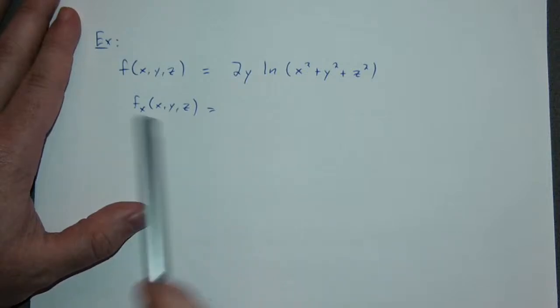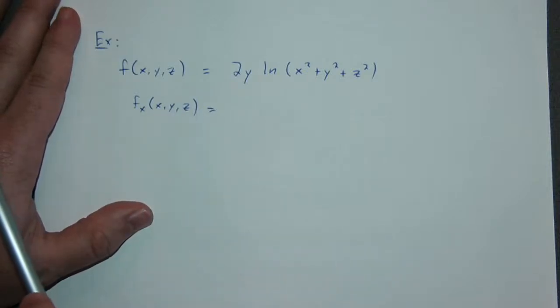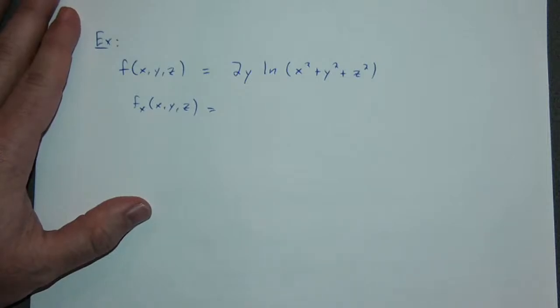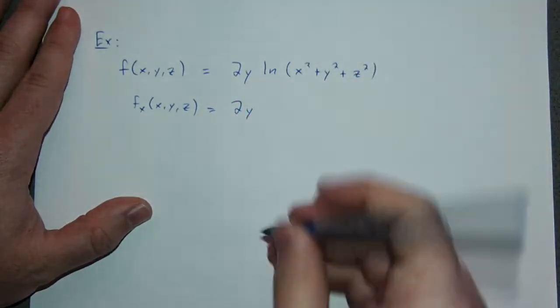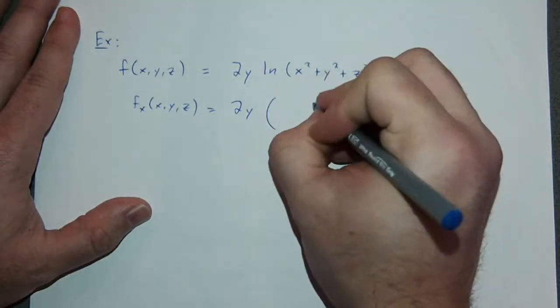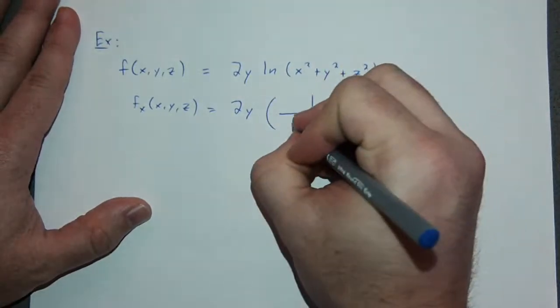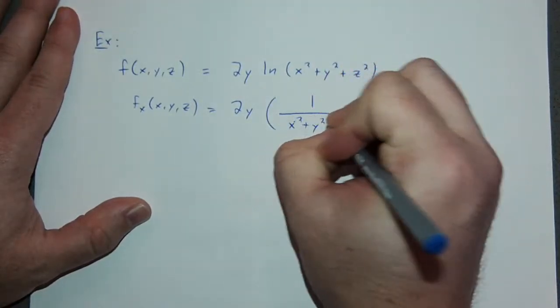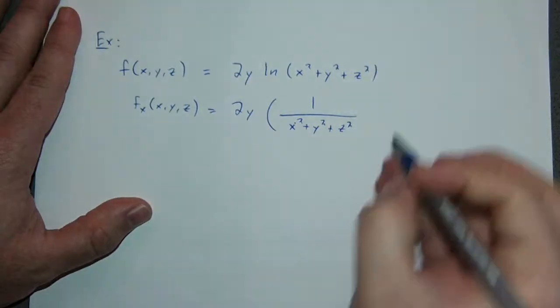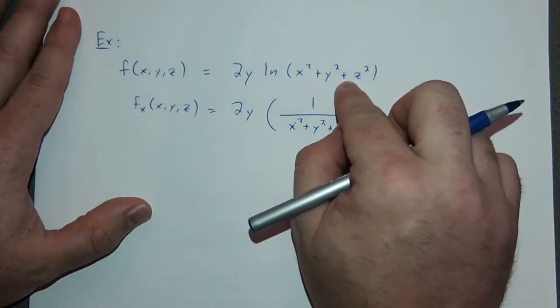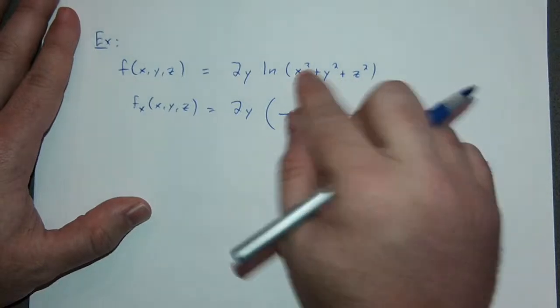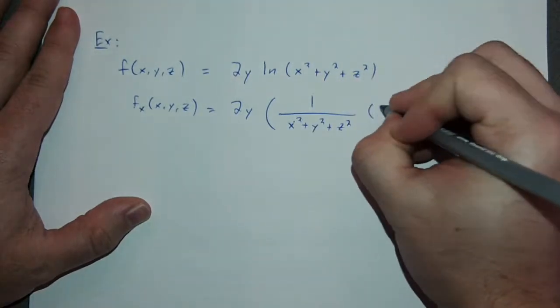So when I'm taking the x partial, I treat both y and z as constants and differentiate with respect to x. So this is 2y times the derivative of natural log, which is 1 over x squared plus y squared plus z squared, times the derivative of this argument with respect to x. The derivative of x squared plus y squared plus z squared with respect to x is, of course, 2x.